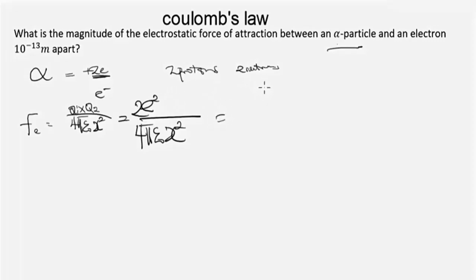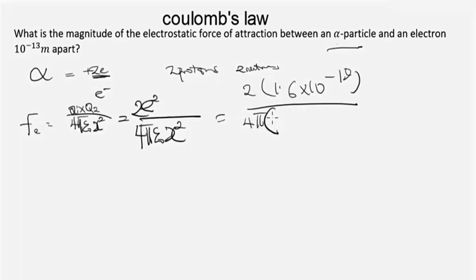Alright, so the value now becomes 2 times 1.6 times 10 to the power of minus 19, squared, over 4 pi times 8.85 times 10 to the power of minus 12, times x squared, which is the distance between them, 10 to the power of minus 13.